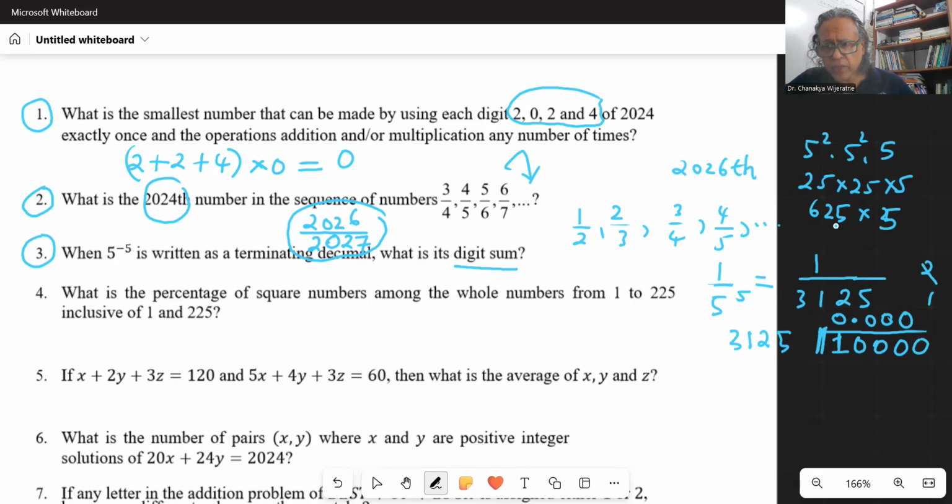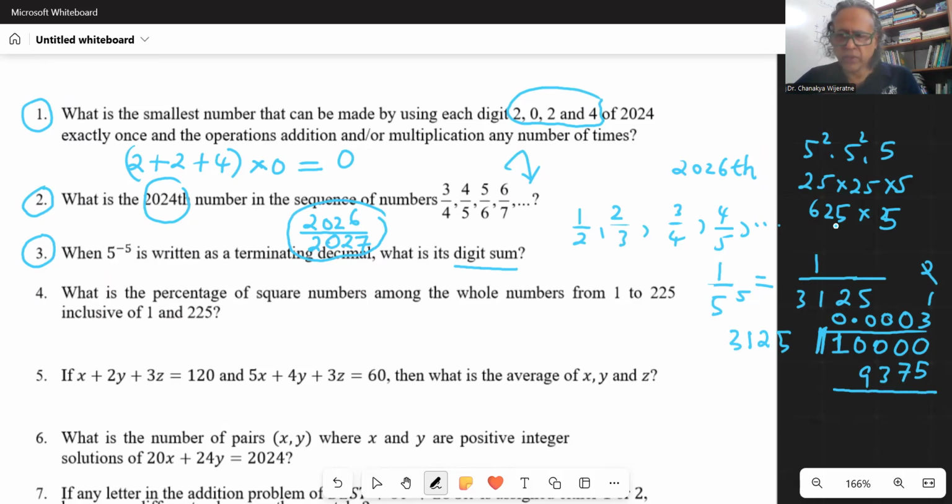And for that, how many 3,125s do we have? We get 3, right? 3 times 5 is 15. And then 3 times 2 is 6 plus 1 is 7. 3, 9, right?